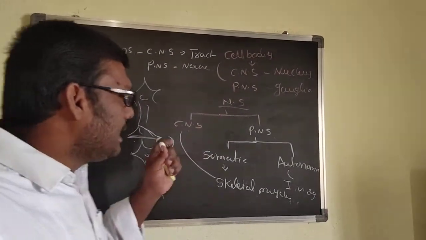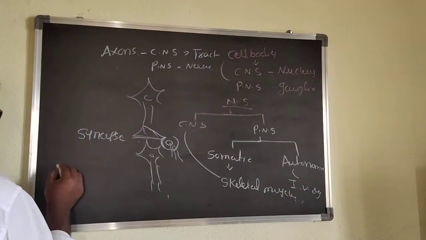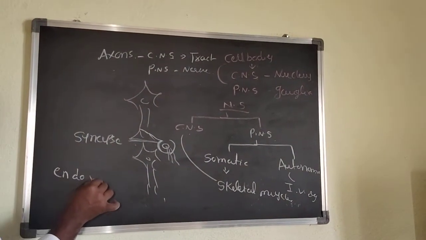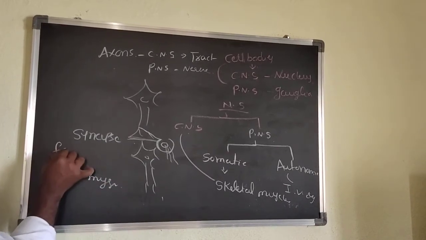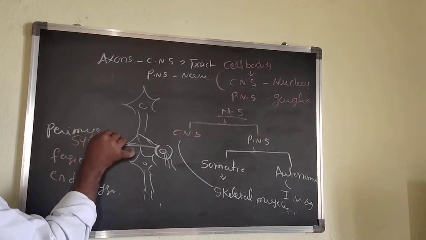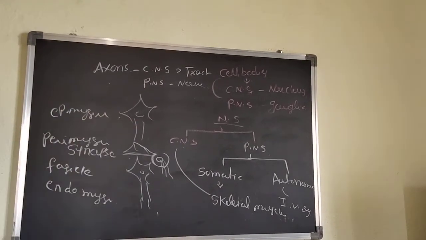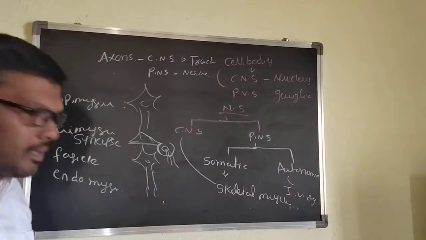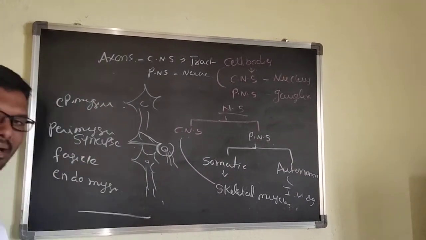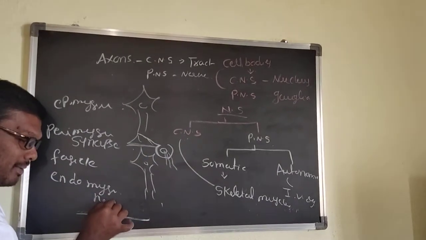And then, as I said, regarding the muscle fiber, I can name it as endomysium, fascicle, perimysium, epimysium. You remember this one regarding the muscle fiber; the same thing. They have a nerve fiber that is covered by a connective sheath called endoneurium.